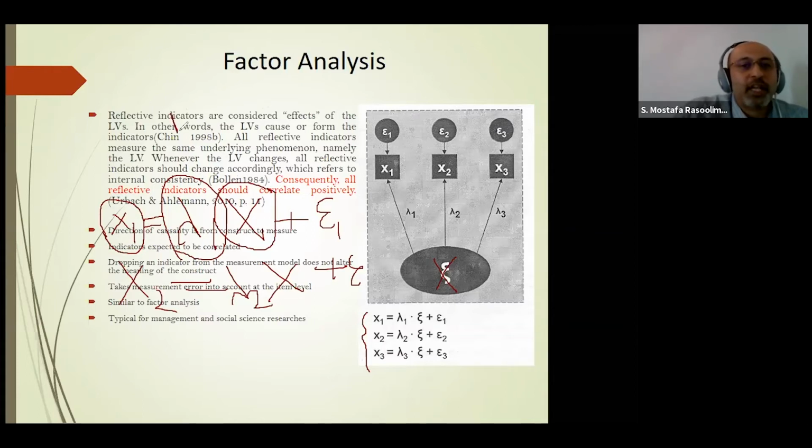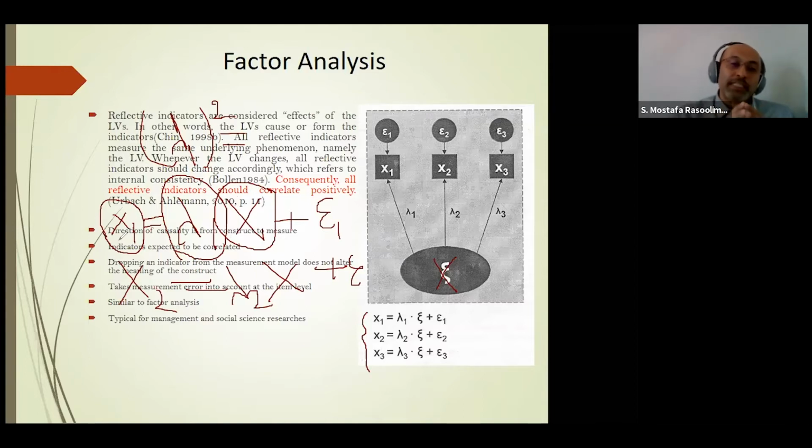And also this lambda to the power of 2, squared lambda, is the variance explained by x on x1.